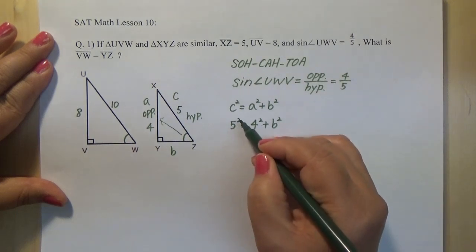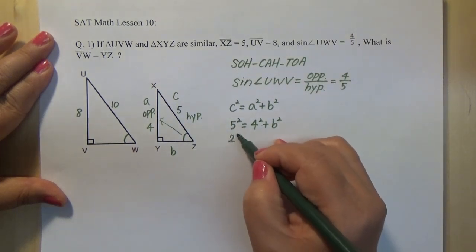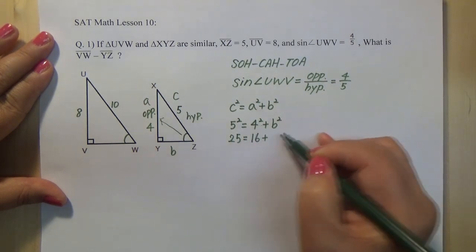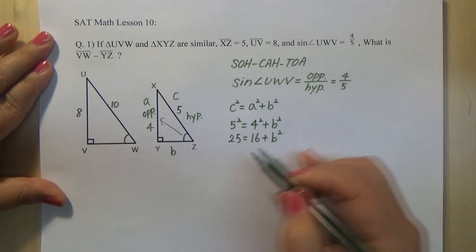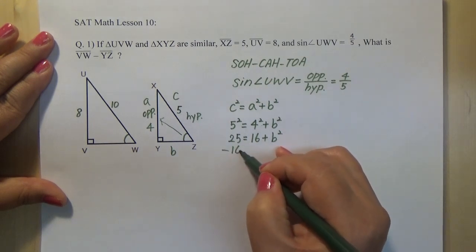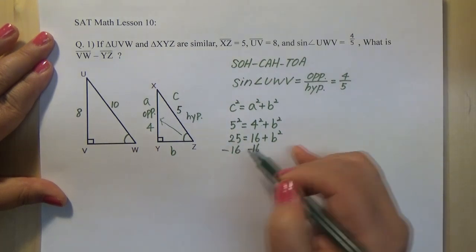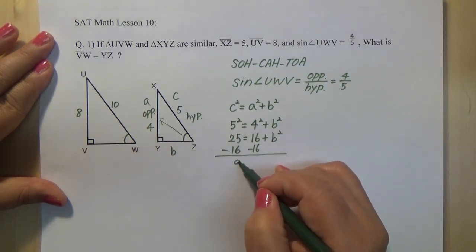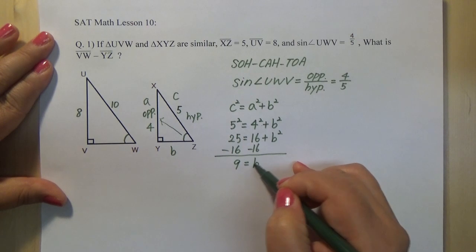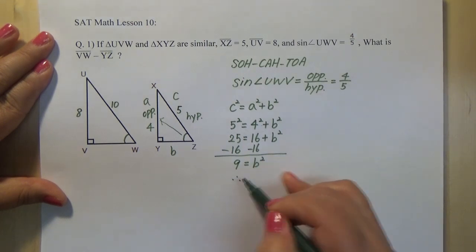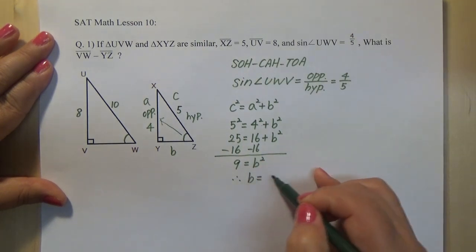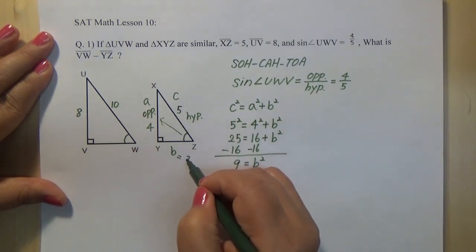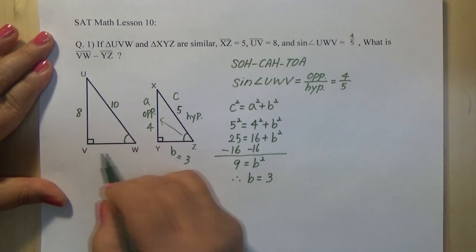So 5 squared is 25 and 4 squared is 16 plus B squared. And now you're going to subtract 16 from both sides. And this will be 9 is equal to B squared. And that is why B is equal to 3. So this is 3.